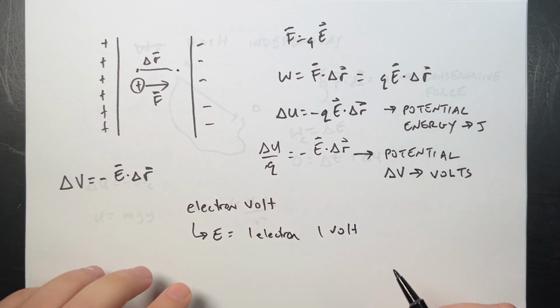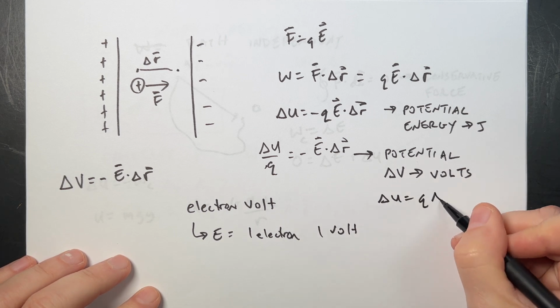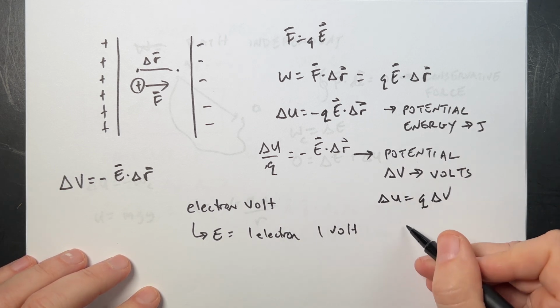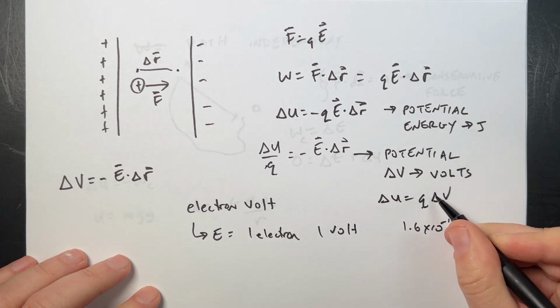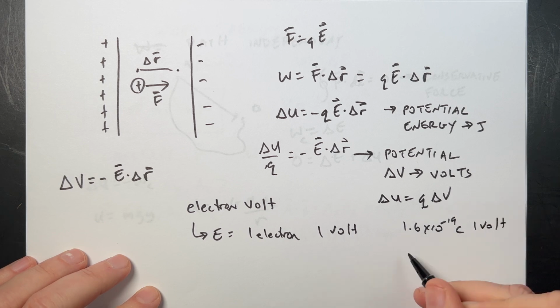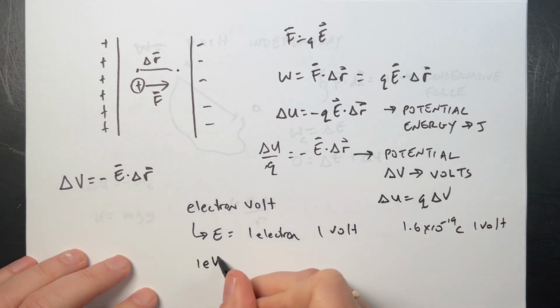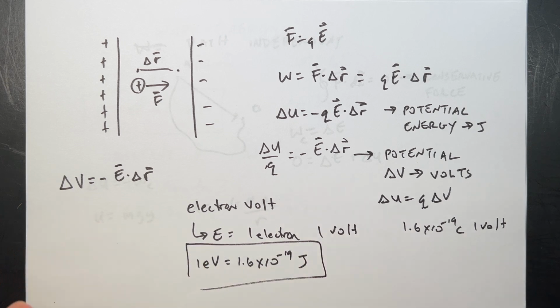If I know this is delta U, I can write delta U is Q delta V. So if I know Q is 1.6 times 10 to the negative 19th coulombs, and delta V is 1 volt, I get 1 electron volt is 1.6 times 10 to the negative 19th joules. And that's just a unit conversion that we see, and it's a cool thing to write. So I just want you to be able to be cool, okay?